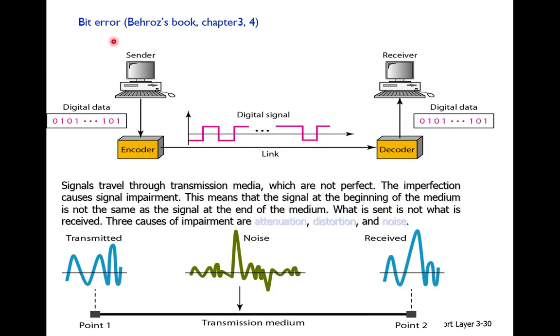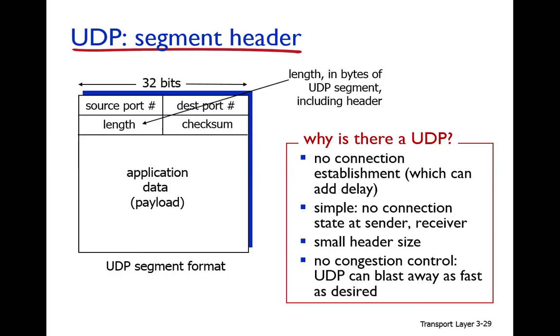Okay, so if bit error is happening, how can we detect the bit error and how can we recover from it? For this purpose we use a mechanism called checksum. This is a bit error detection mechanism.